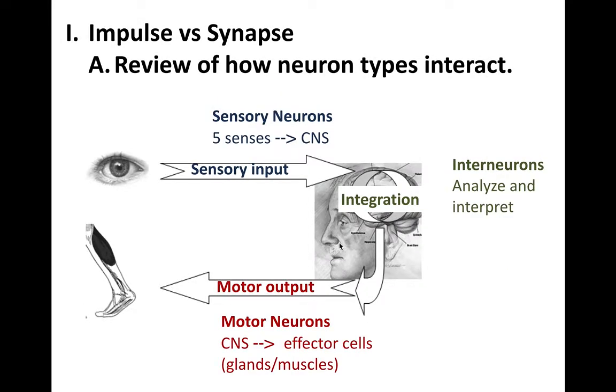So our sensory information comes in from our sensory neurons. It travels to our central nervous system, which often has interneurons take in the information, analyze and interpret it, and send it out. When it gets sent out, it goes into your motor neurons, which create an effective response by activating an effector muscle or effector gland.